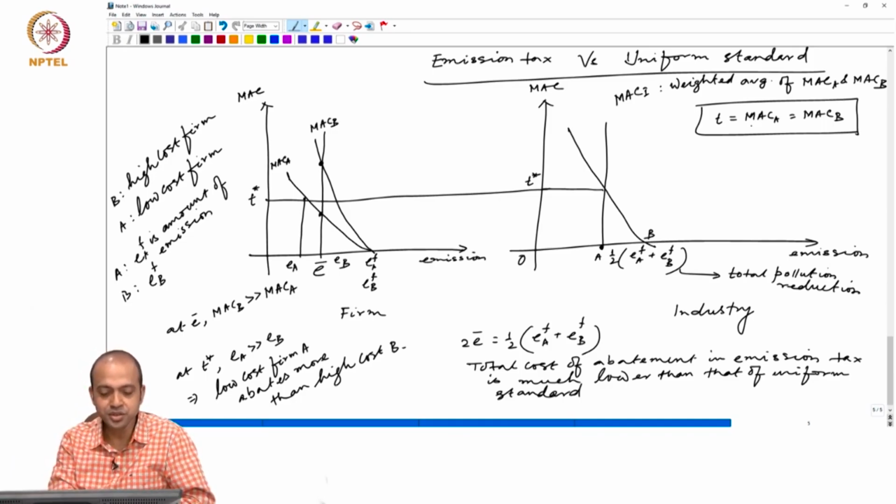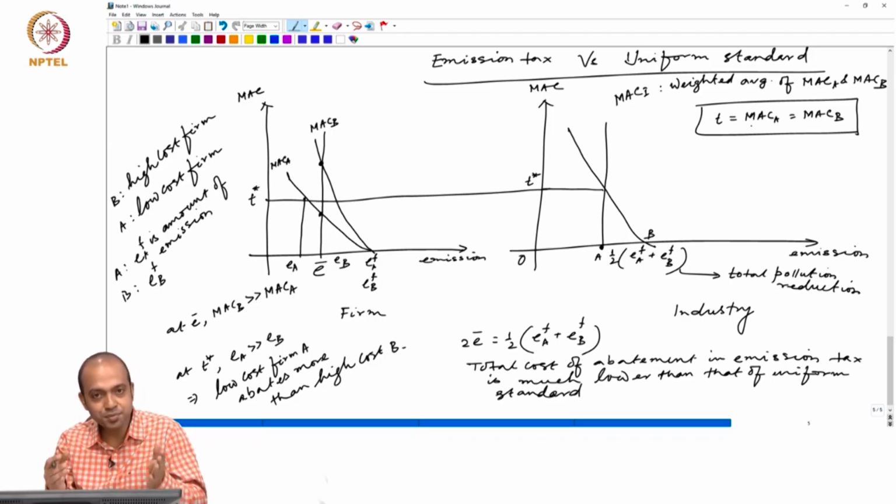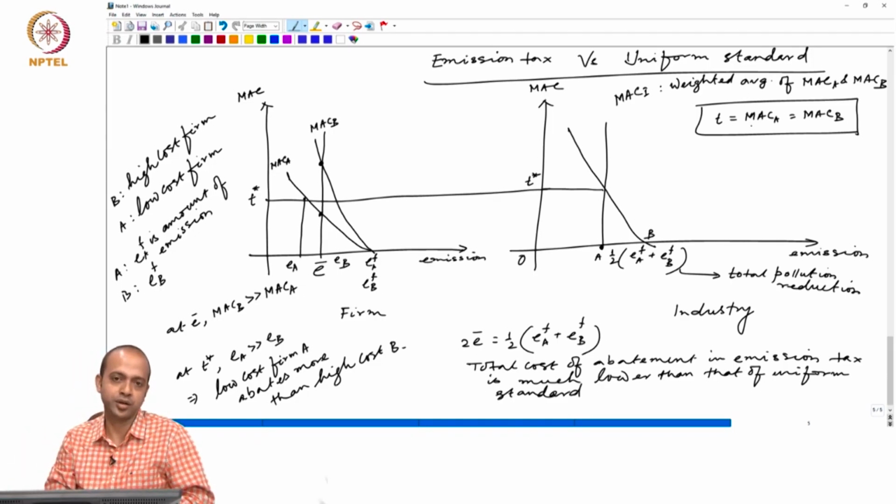But in uniform standard, that is not the case. I am asking everybody, irrespective of their cost of abatement, that you should reduce the same amount. That is why uniform standard is not efficient as compared to emission tax. Emission tax achieves the same amount of pollution control at a much lower cost compared to the uniform standard.